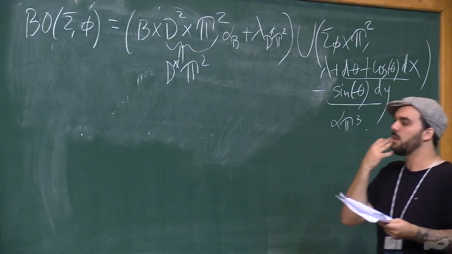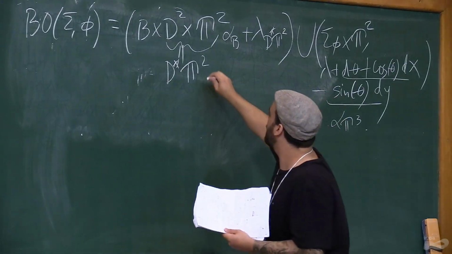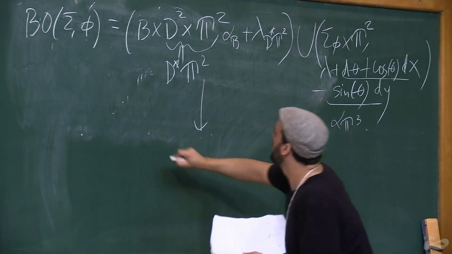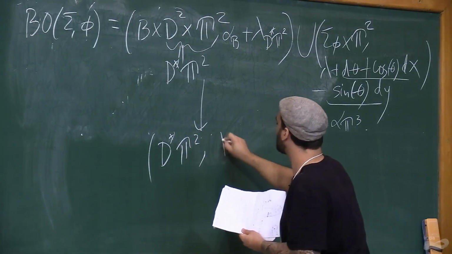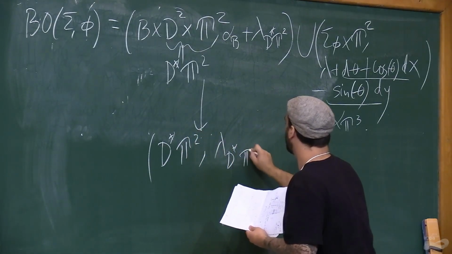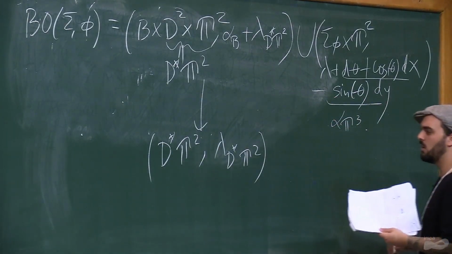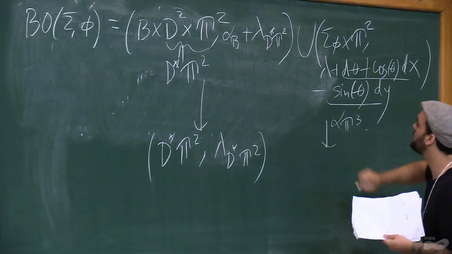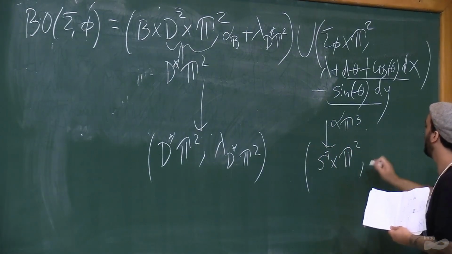So the point that I want to make here is that I want to think of this as two pieces glued together. I want to think of this piece as fibering over a Liouville domain, the unit disk cotangent bundle of T2 with its standard Liouville form. And I want to think of this piece as fibering over S1 times T2 with this contact form here.